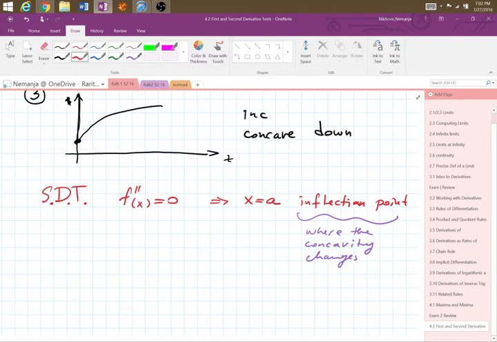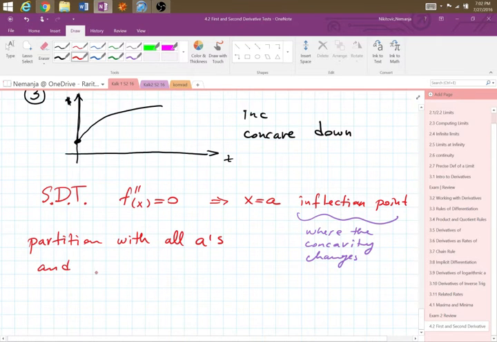Now, how about the test? Again, partition with all a's and vertical asymptotes.